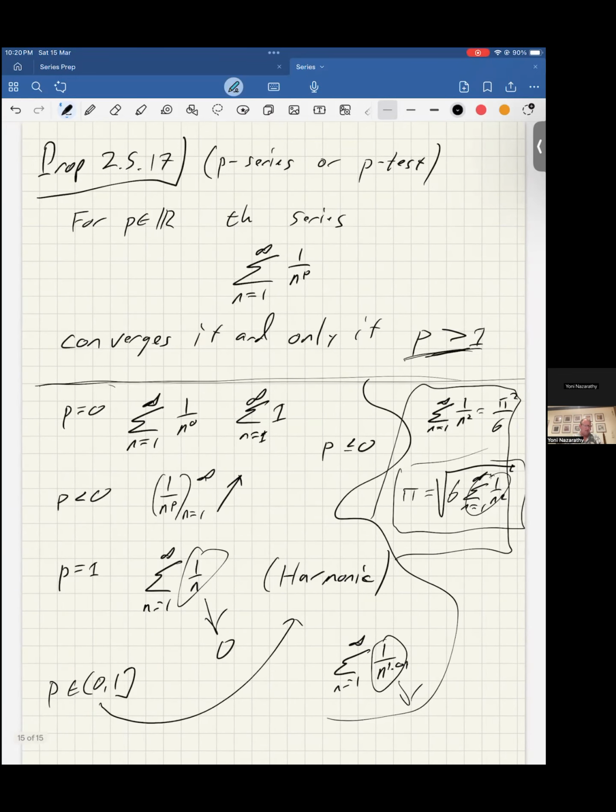For the case of p less than or equal to 1, the case of p equals 1 was proven, that's the harmonic series. For p less than 1, all we need to do is a comparison test with the harmonic series.